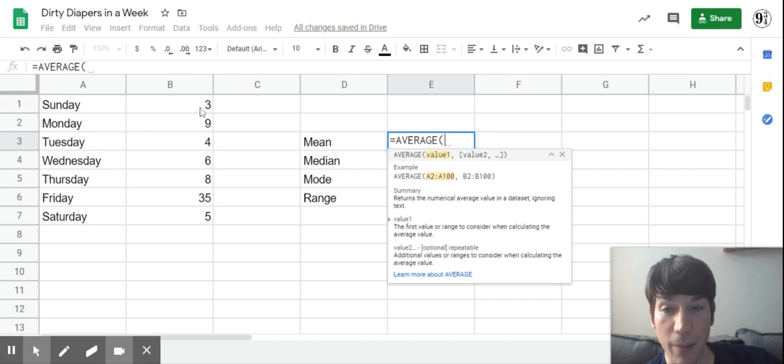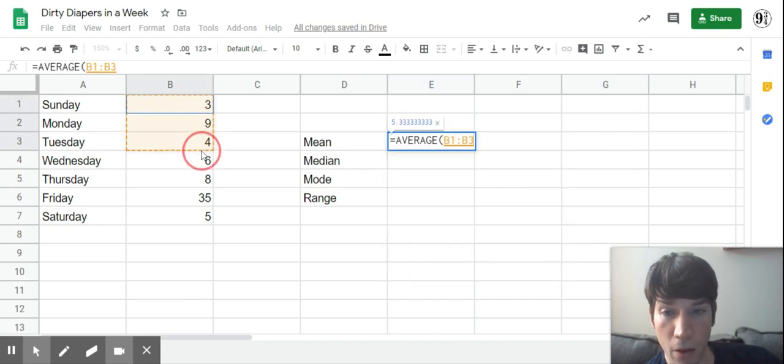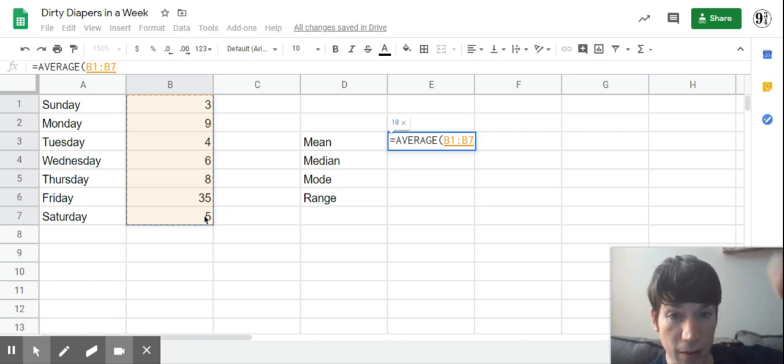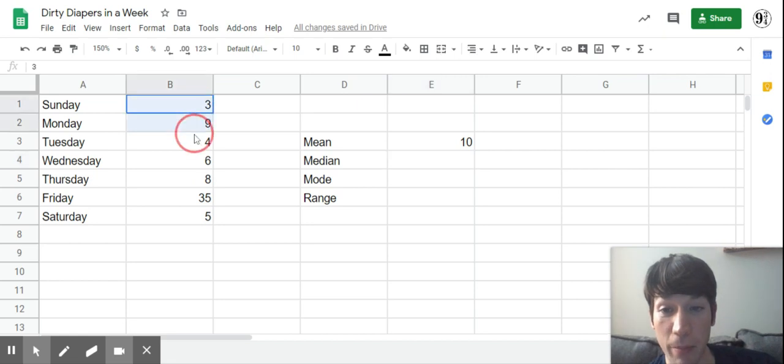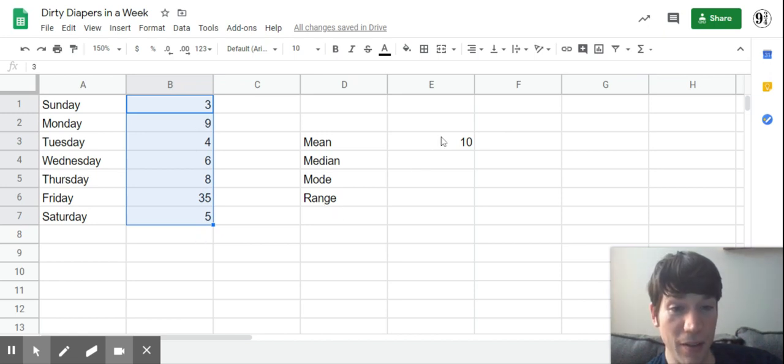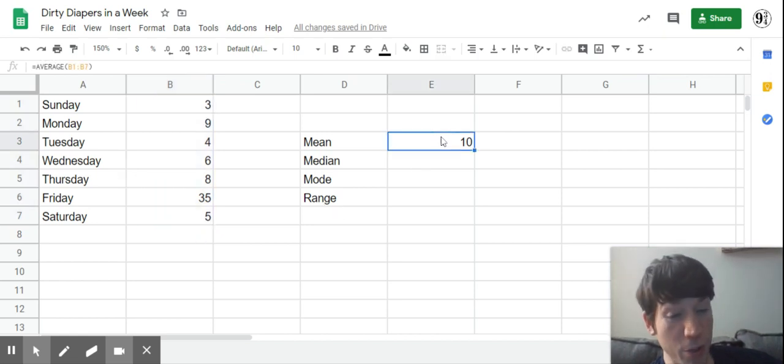So I'm going to highlight all of these numbers, and it's going to find the average for me by just pressing enter. And it tells me that the average is 10. Now, if you were to go through and add all of those numbers in column B up and divide by 7 because there's 7 days, you would get 10, which tells me the average.